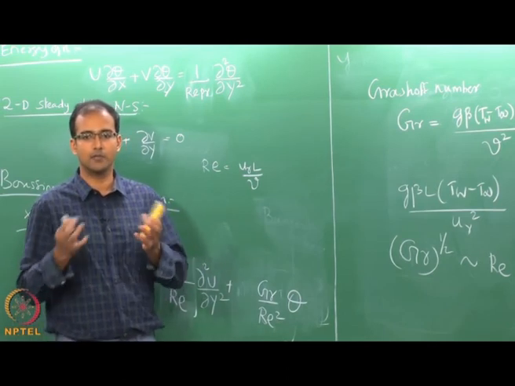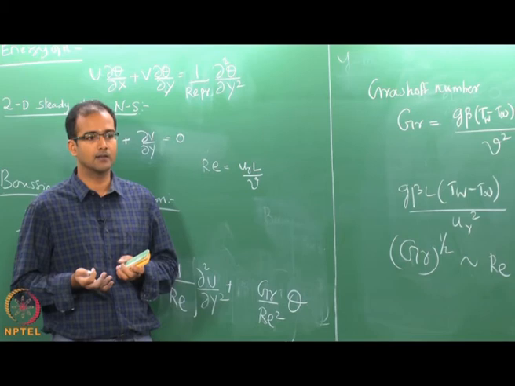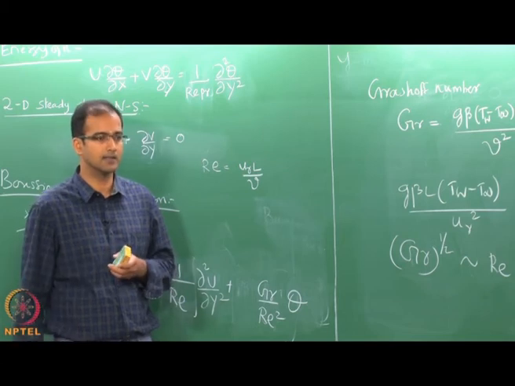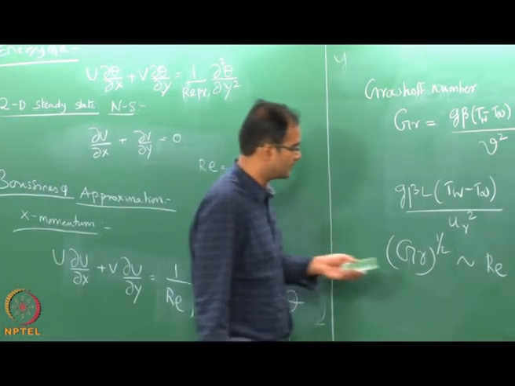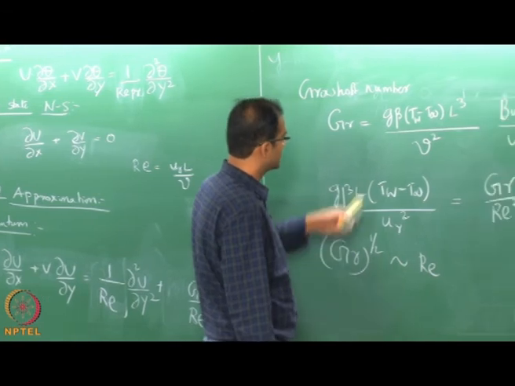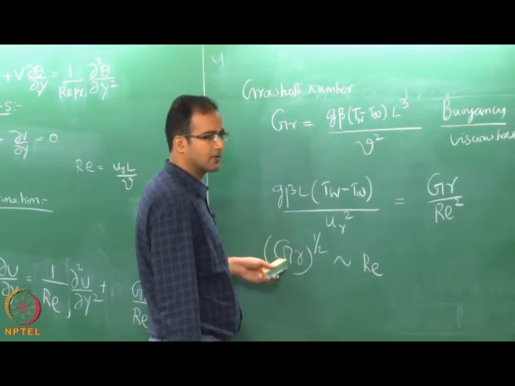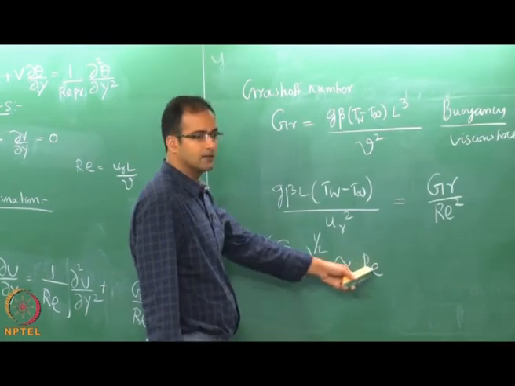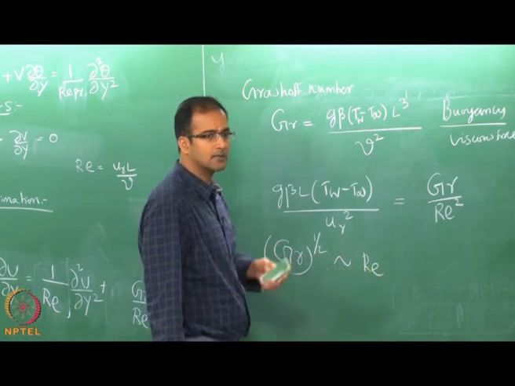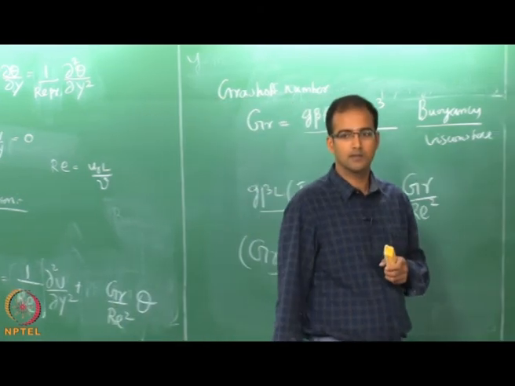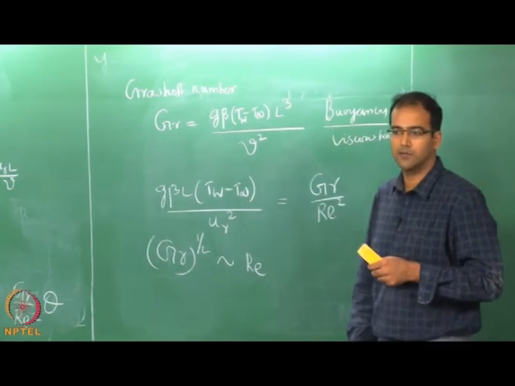That means the order of Re square should be of the same order as Gr. Therefore, you can substitute the expressions for Grashof number and Reynolds number, then calculate the order of U reference.